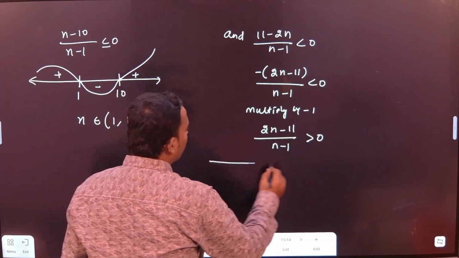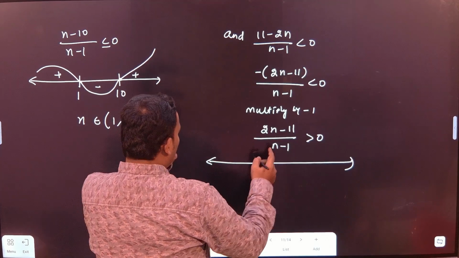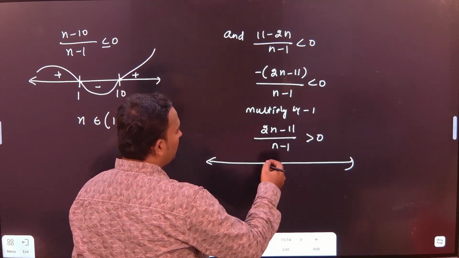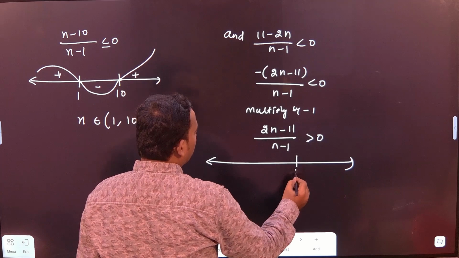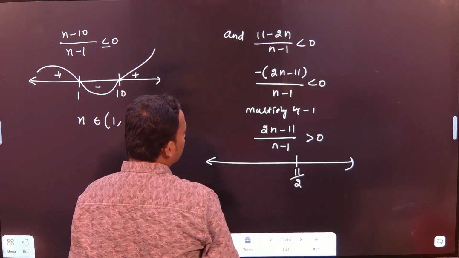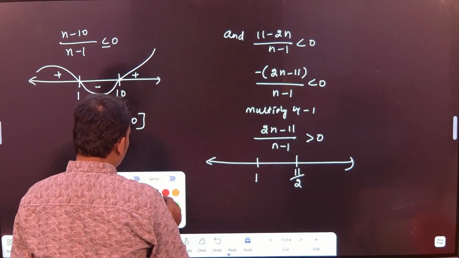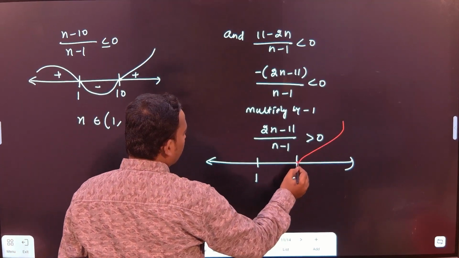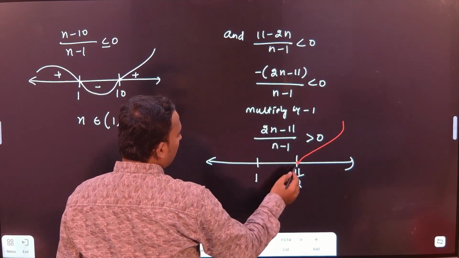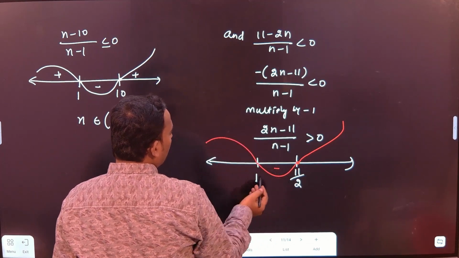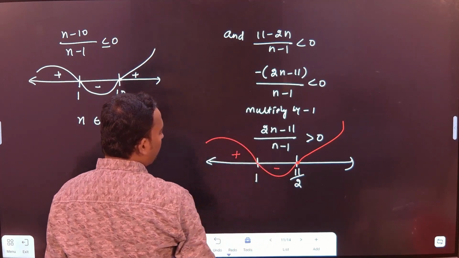Now what are the critical points here? 2n minus 11 equal to 0, so 11 by 2. So 11 by 2 here, and then here is 1. You can start with the positive. 11 by 2 is an odd power, change the sign, minus. 1 is also an odd power, change the sign, positive.